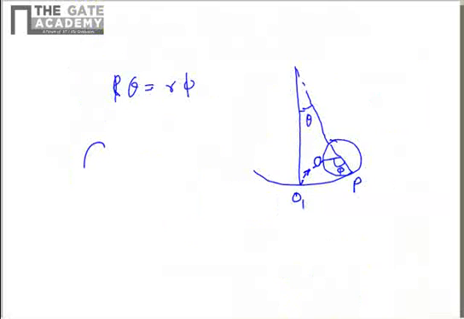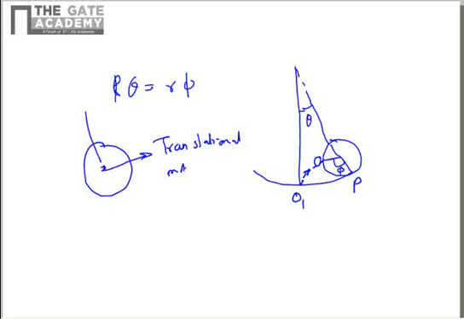Now the motion of the rolling cylinder can be decomposed into two parts. One is the translation of its center, and the other is rotational motion, pure rotation.